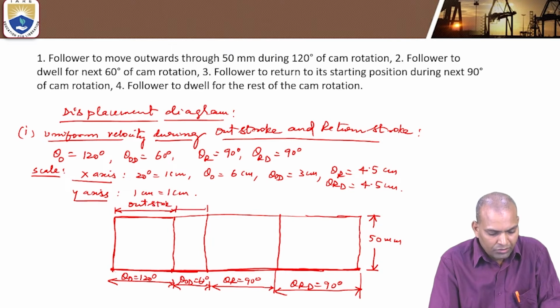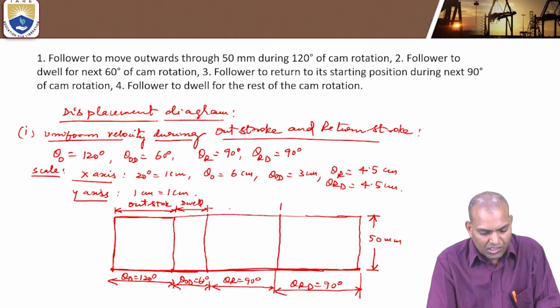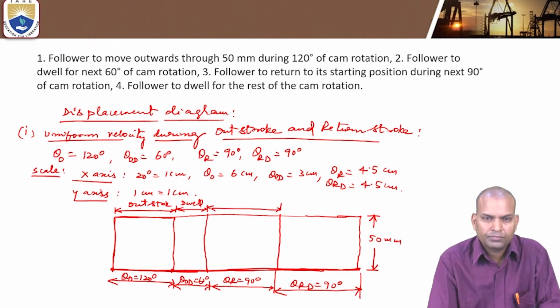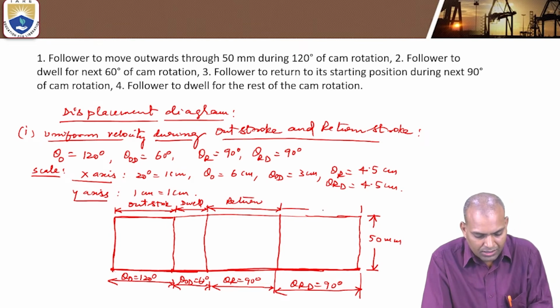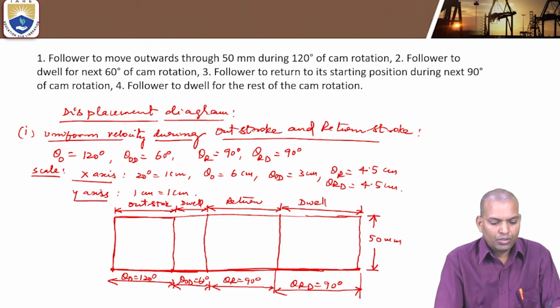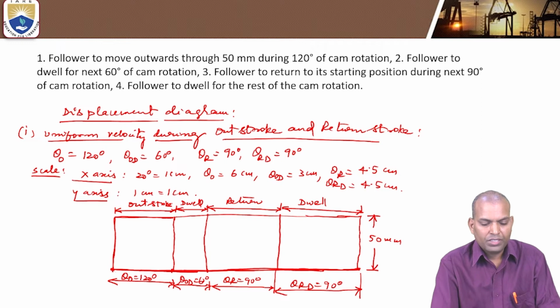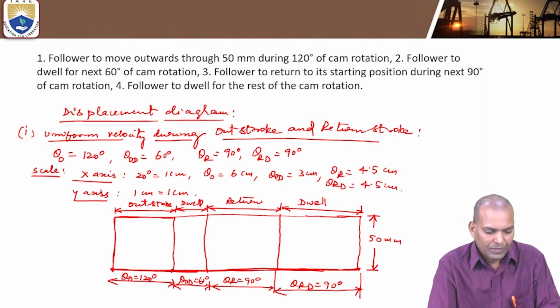This portion is the dwell. This portion is the return stroke. And this is the rest of the dwell. So after this, it is uniform velocity.